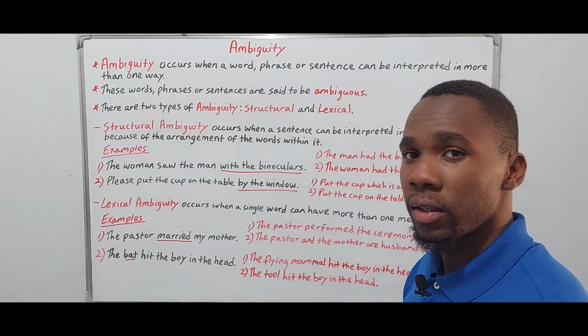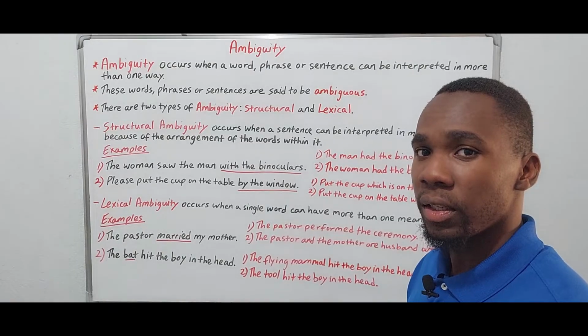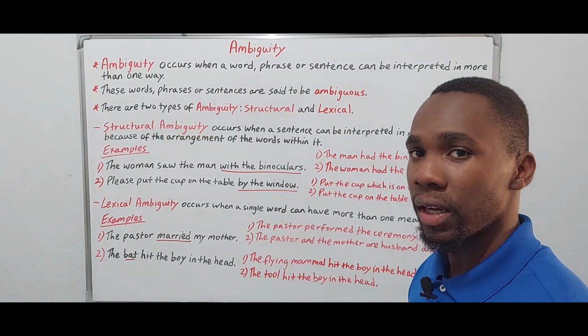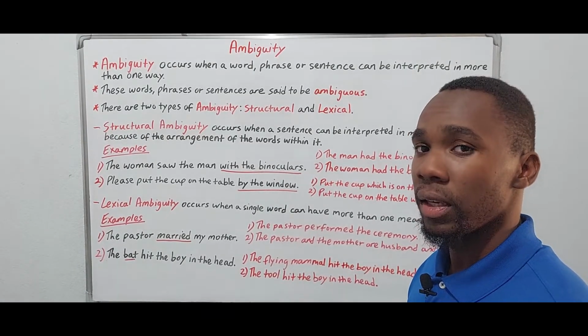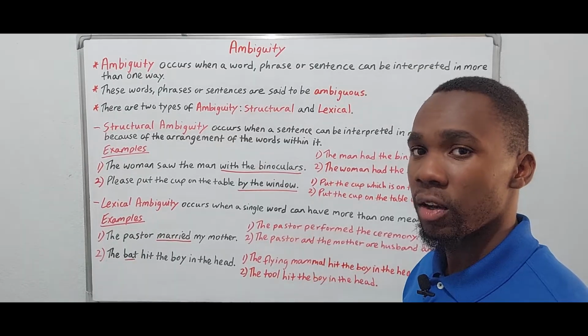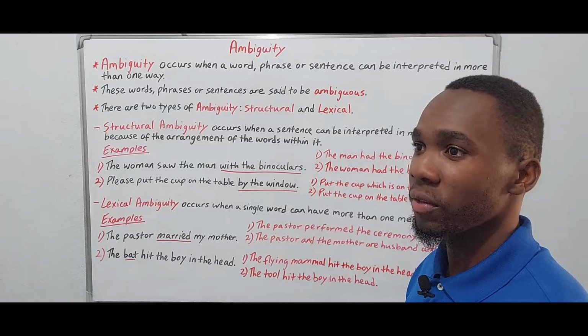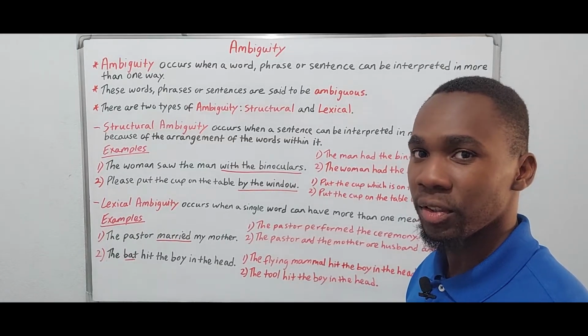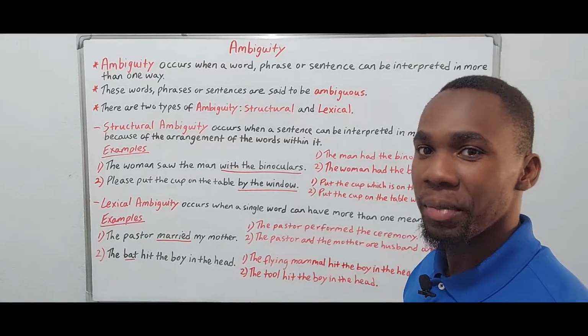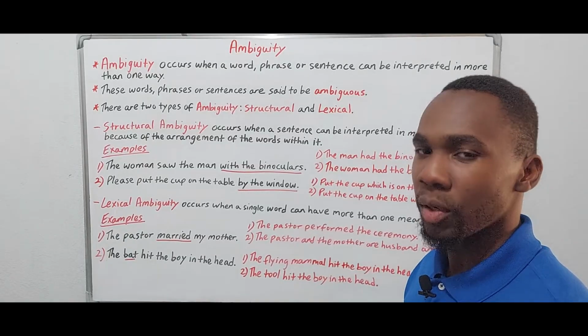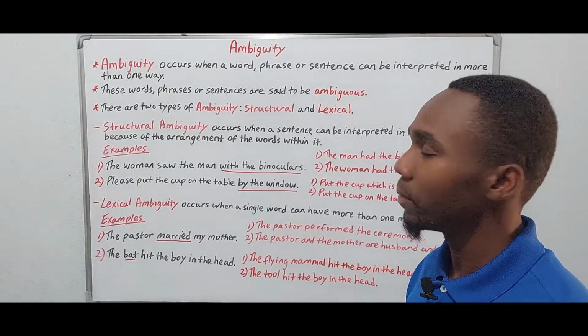Hello everyone. Today we are going to be looking at a concept known as ambiguity. And as you all will see, this is a concept that is very relatable and it highlights one of the complexities of language. Language can be ambiguous, right? But what is ambiguity?